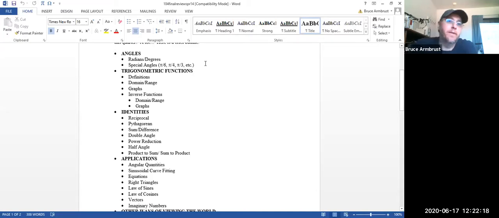So real quick, something else I want to mention under the special angles: this is where reference angles came into play, the plus and minuses of the different things in the different quadrants. Okay, so all of that is incorporated in that area there.